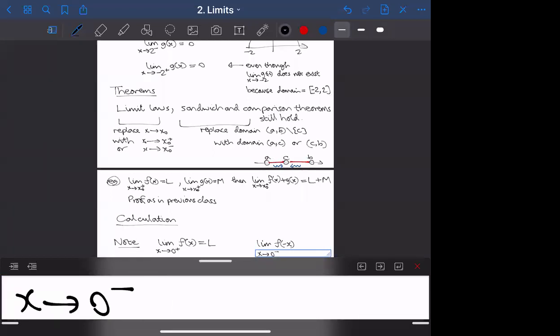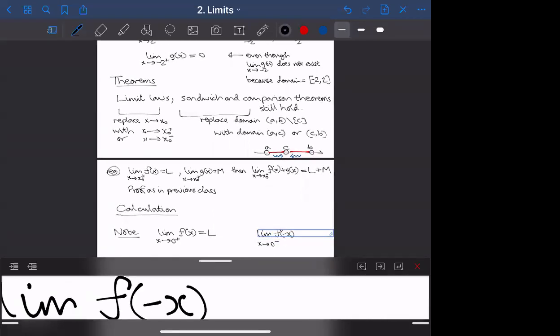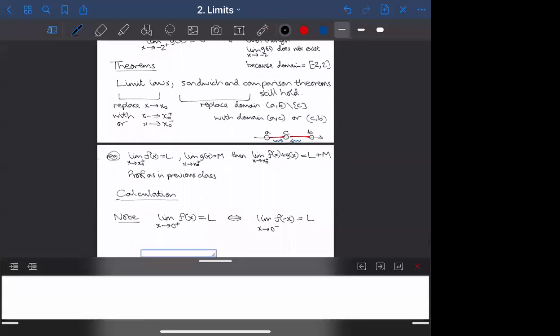Remember putting in minus x there just reflects the function. So it exchanges left and right, and so this limit is also L. And we can reverse that process. So this is an if and only if.